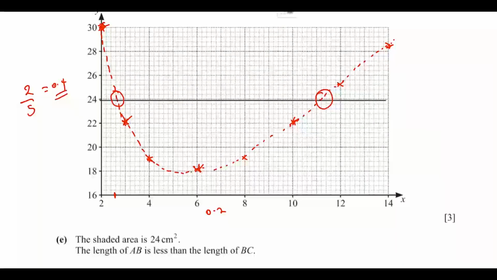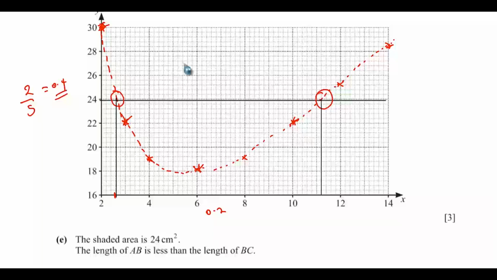We can trace this one down. From this spot, we pick something like this, trace it here. Then another one will be this one here. So you trace it down, so you get the value of x from here. So you get the measurement there, the dimension from there.